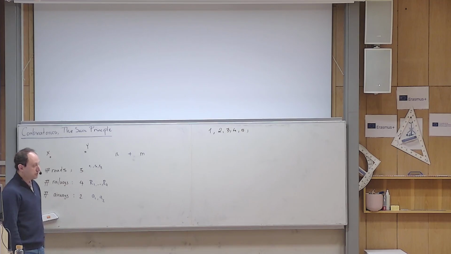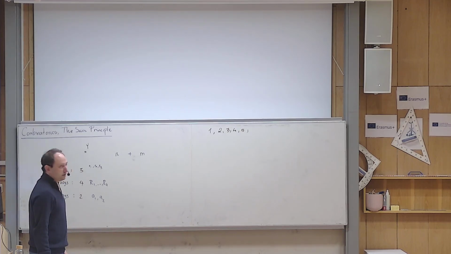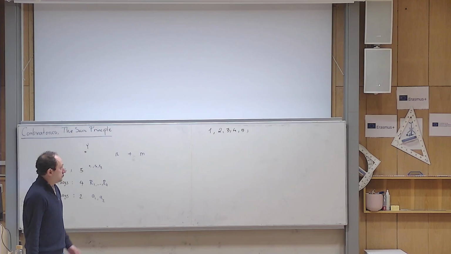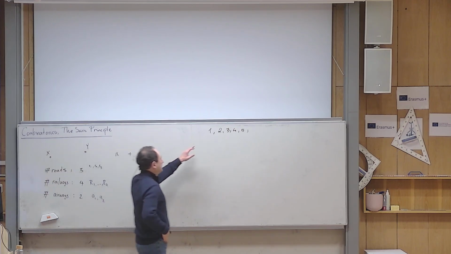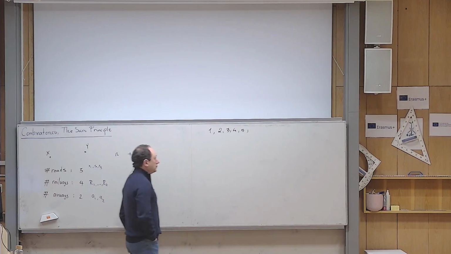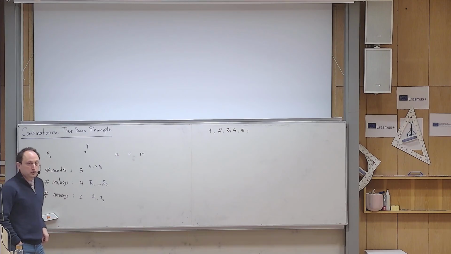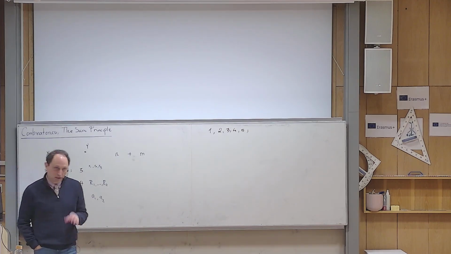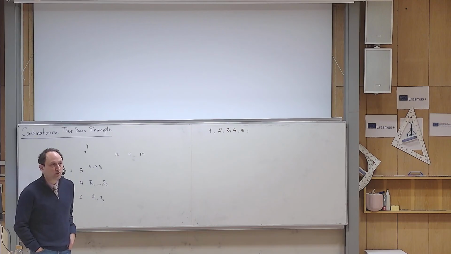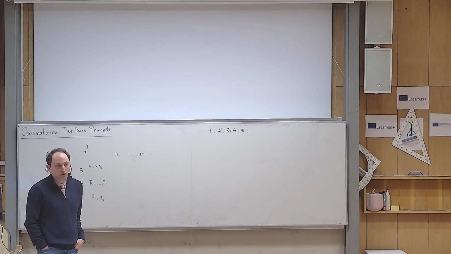I give you only these digits and you want to write a number, but you are not allowed to repeat a digit, whether you write a 2-digit number or a 3-digit number. So how many numbers can I write? The question is that I give you 1, 2, 3, 4, and 5 only, and I ask you to write a number, but you are not allowed to repeat a digit. That's it. And then I ask you how many numbers you can write down. Yes? So how do you think about the problem?